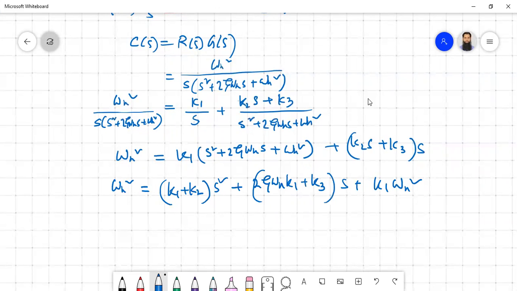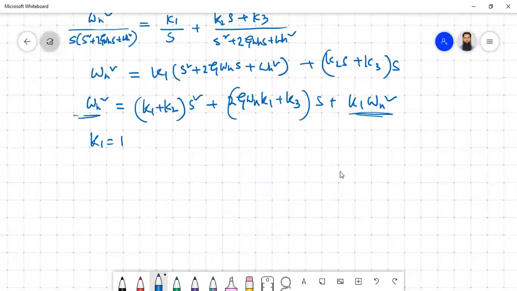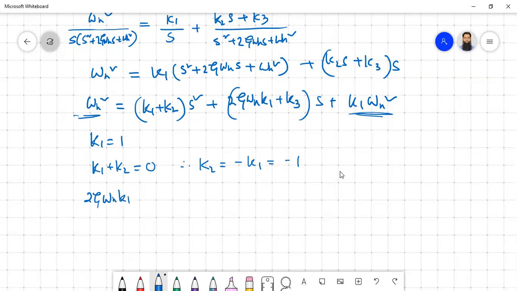Now the next thing we should do is equate the coefficients on both sides. We can easily see that the constant terms have to be equal, so k1 has to have a value of 1. Then k1 plus k2 should be equal to 0, so k2 has to be minus k1, equal to minus 1. As well, twice zeta omega n k1 plus k3 should be equal to 0.